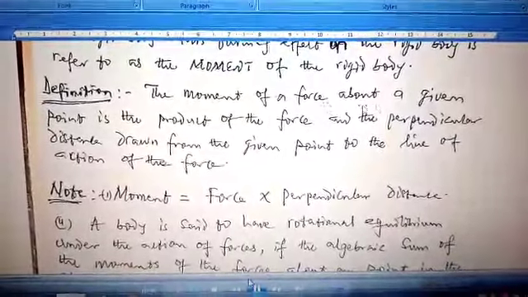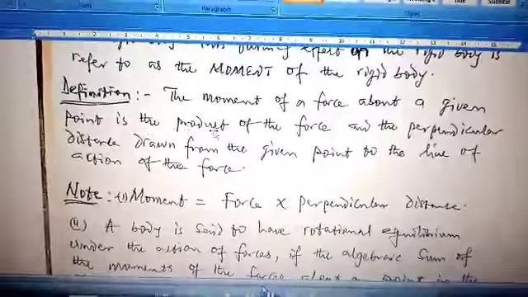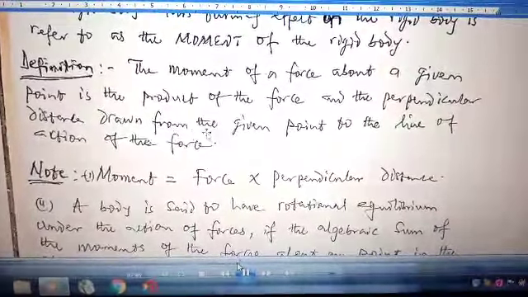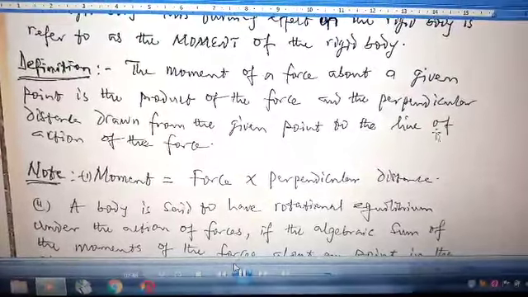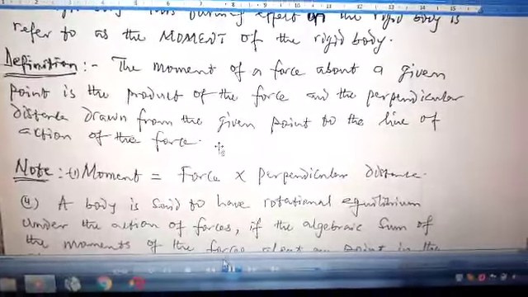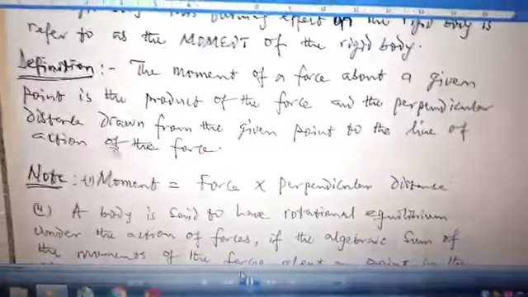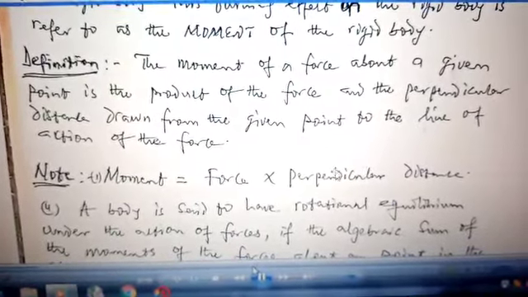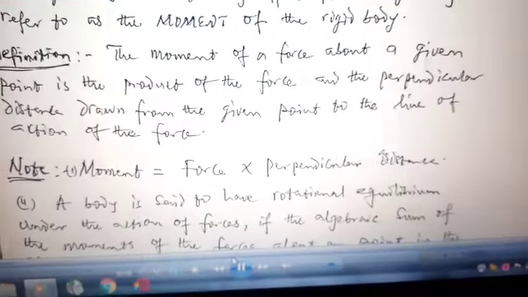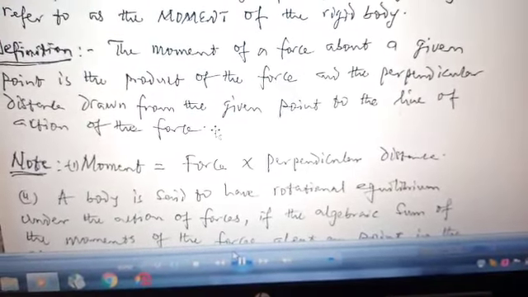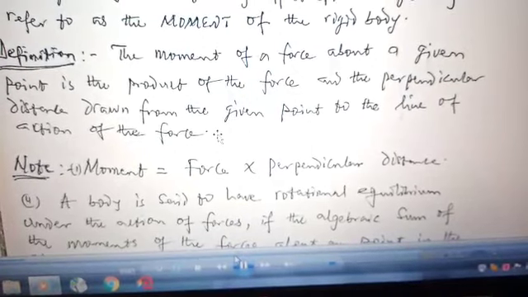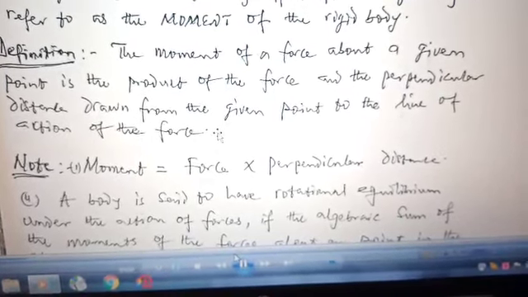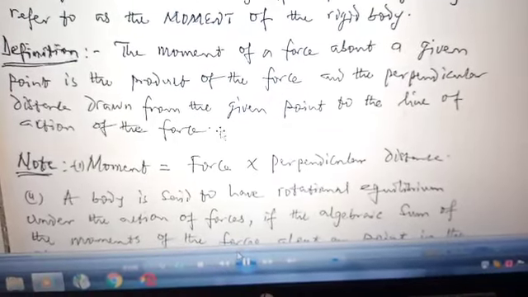The moment of a force about a given point is the product of the force and the perpendicular distance drawn from the given point to the line of action of the force. That means mathematically, you can define moment as force multiplied by perpendicular distance. Please take note of this. Mathematically, moment is the force multiplied by the perpendicular distance.